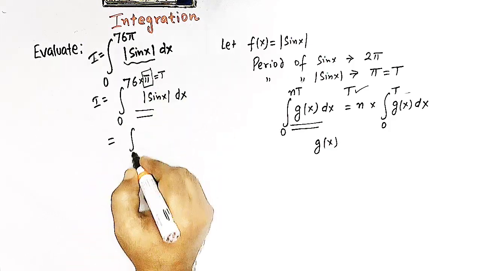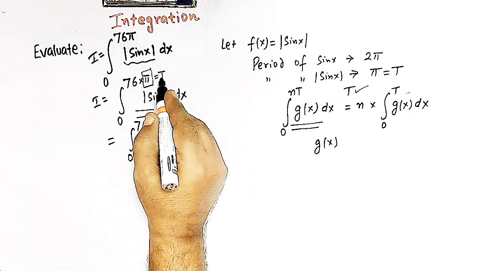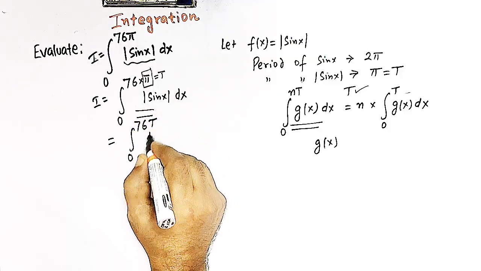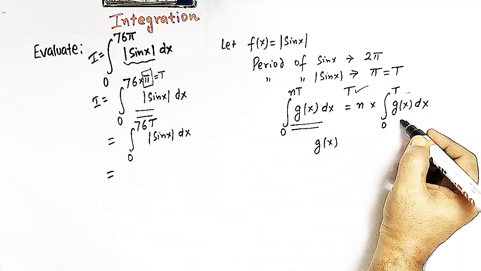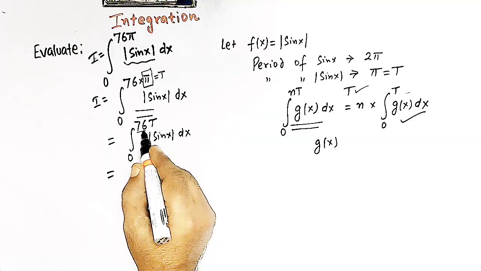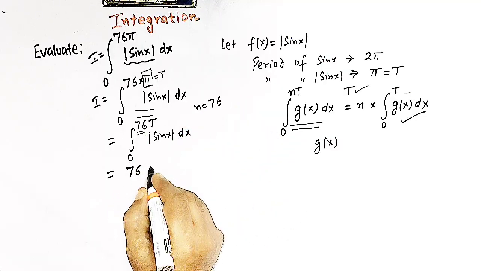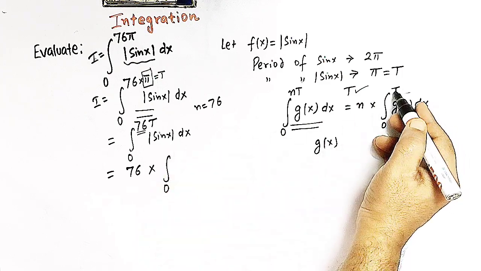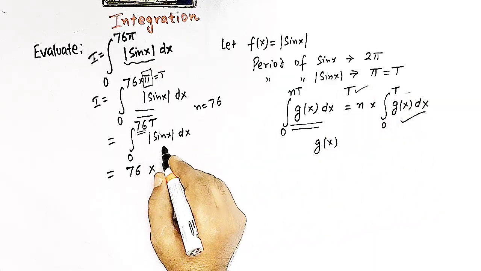Now this integral is of the form 0 to 76 times t, where t is equal to pi, with mod sine x and dx. Using this property, because the value of n is 76, we can write 76 times the integral from 0 to t, and t is equal to pi because the period of mod sine x is pi.